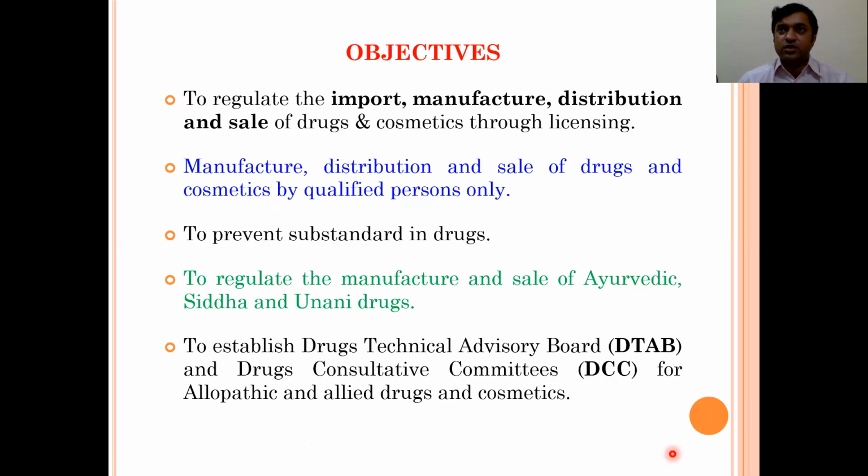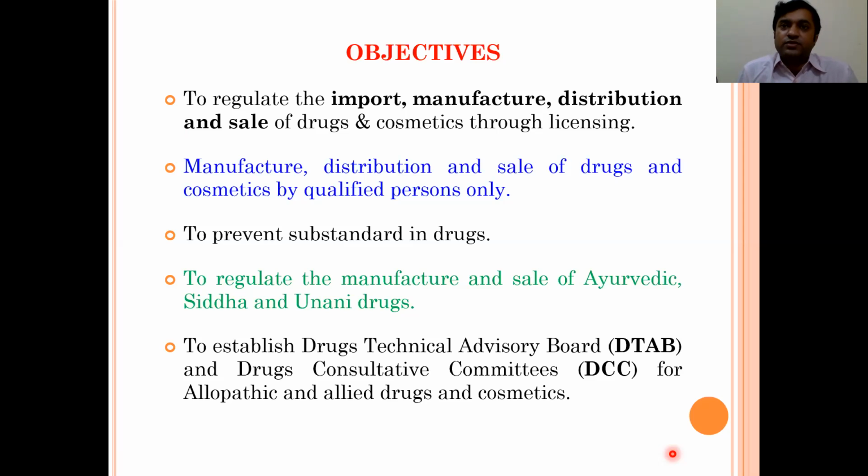Those who are distributing, and those who are selling drugs and cosmetics, should also have a license. Manufacture, distribution, and sale of drugs and cosmetics should be by qualified persons only, so to prevent substandard drugs they made some regulations.